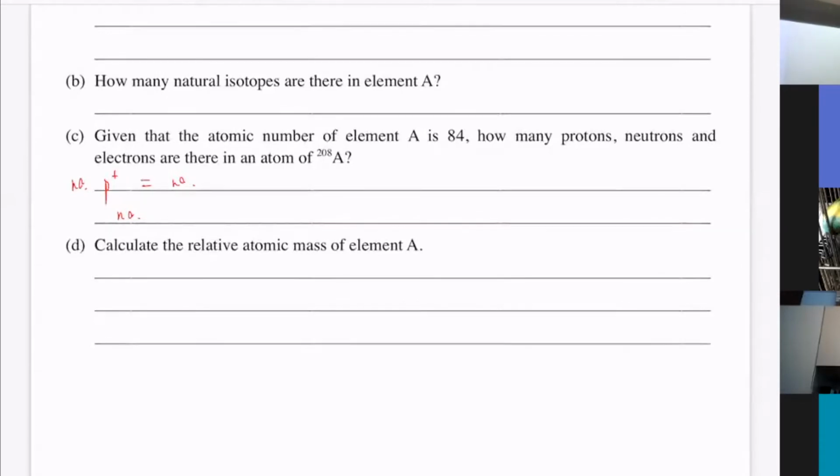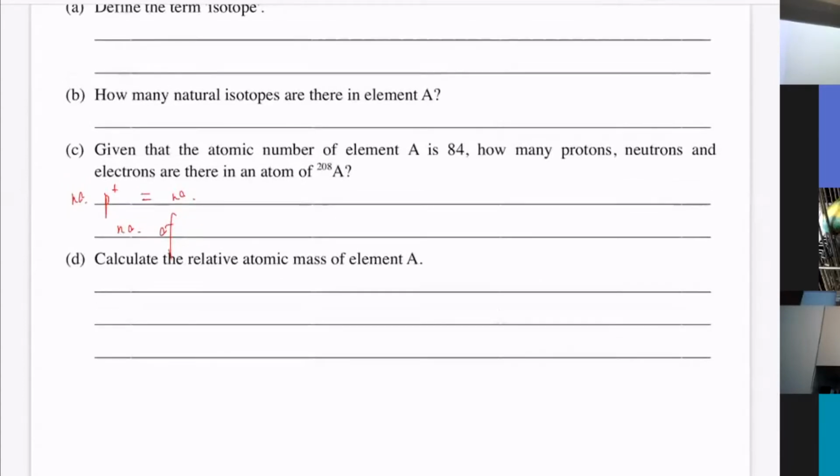So here again, you need to pay attention to this. The number of protons should be the same as the number of electrons, so both of them should be 84. We're talking about an atom here, it's not an ion. I made a mistake.